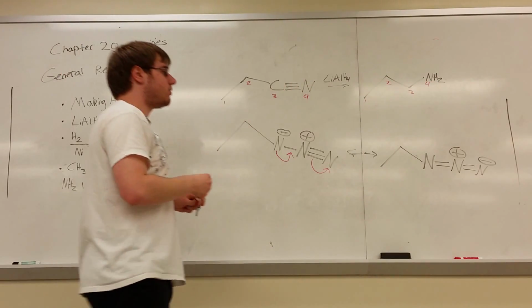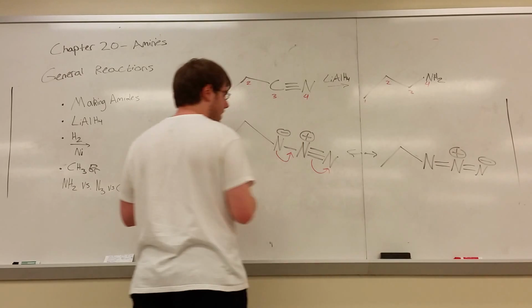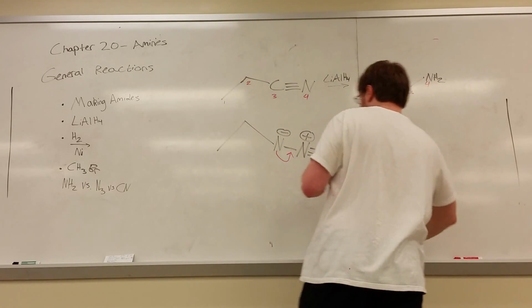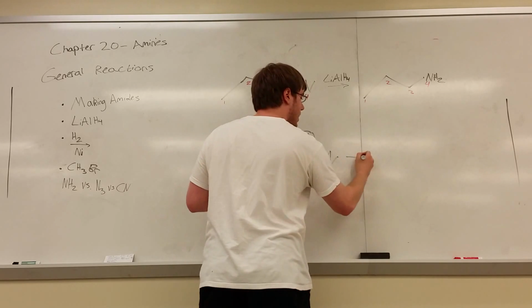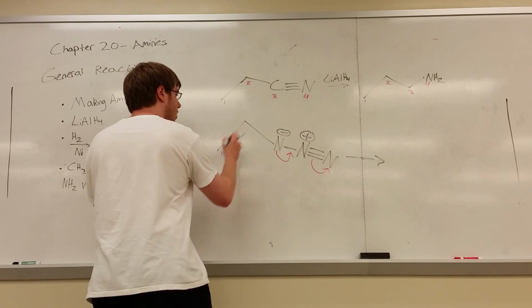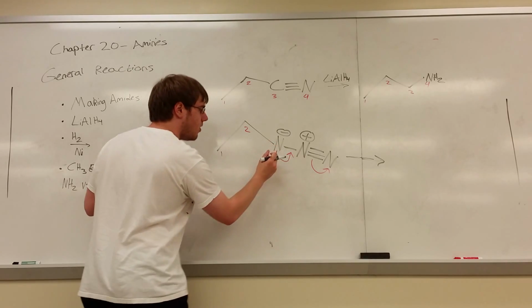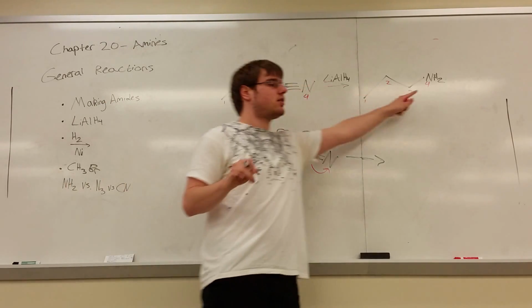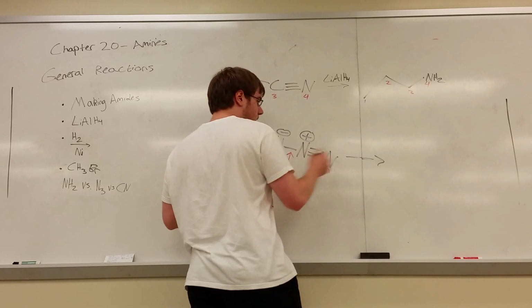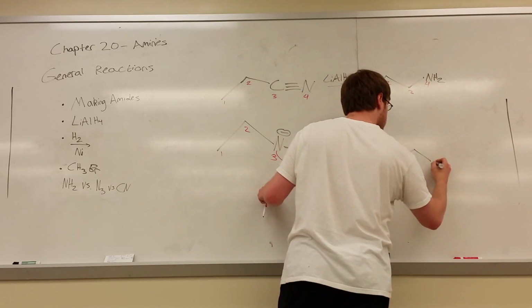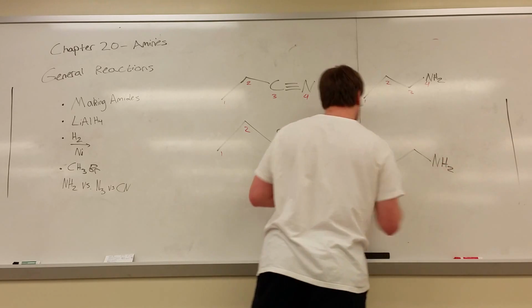Okay? Same deal for N3. When you treat this with LiAlH4, whether it's this resonance structure or the other, it doesn't matter. So I treat this with LiAlH4, and what I can expect to get is carbon 1, carbon 2. Only the nitrogen directly attached to the carbon is the nitrogen that stays. Okay? So in this case, we would get NH2.